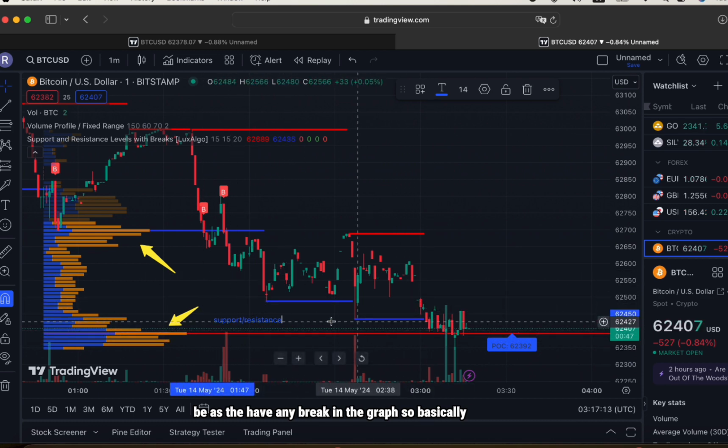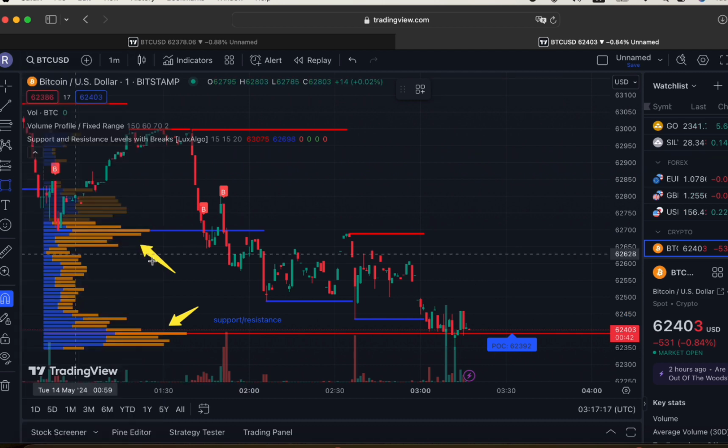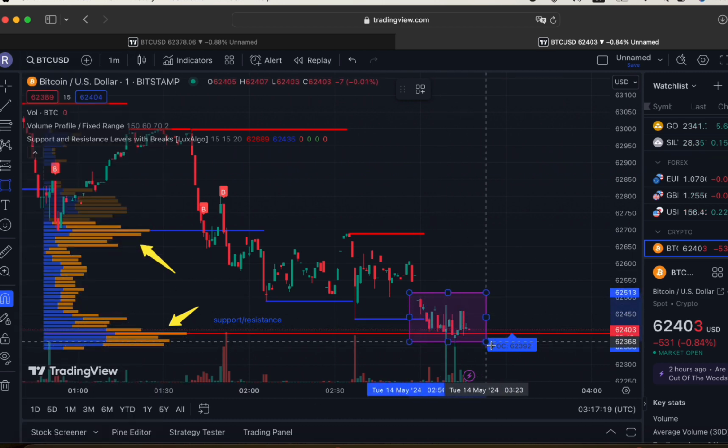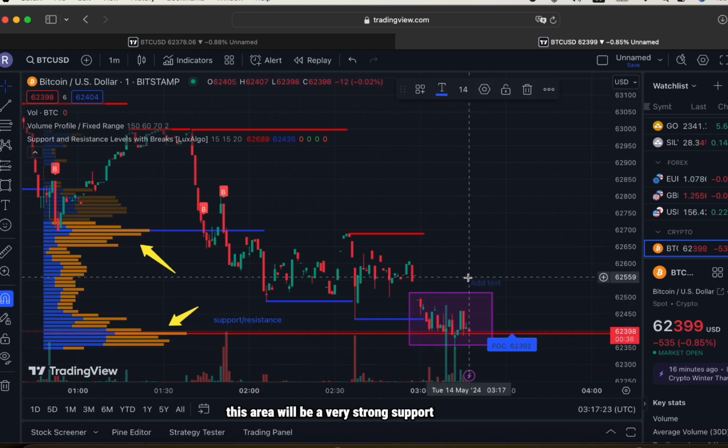Basically, in this area, this area will be a very strong support or resistance.